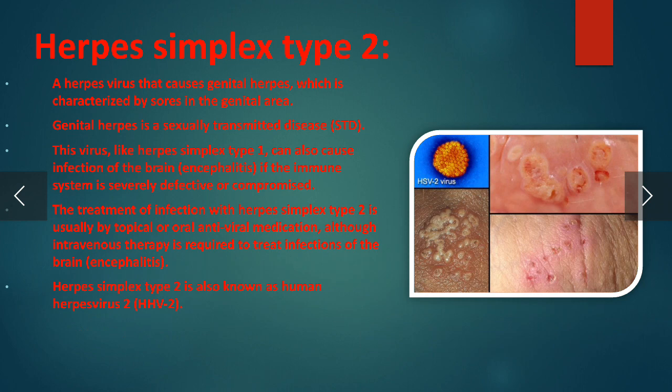The treatment of infection with herpes simplex type 2 is usually by topical or oral antiviral medication, although intravenous therapy is required to treat infection of the brain. Herpes simplex 2 is also known as human herpes virus 2, HHV2. You can see here the diagram of virus.